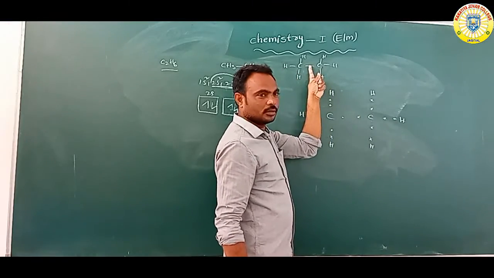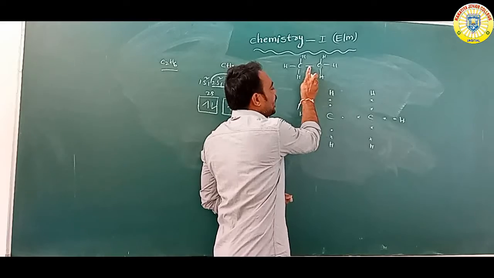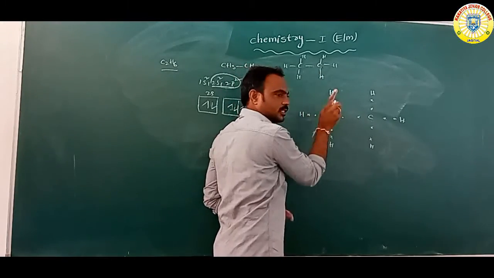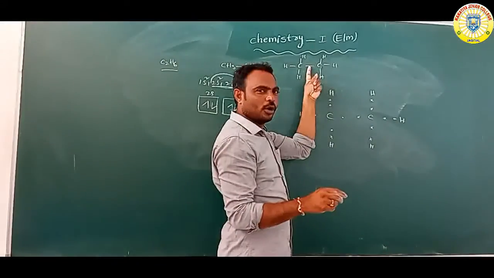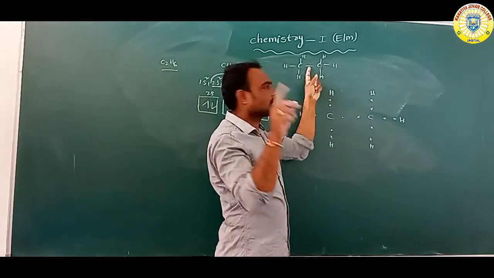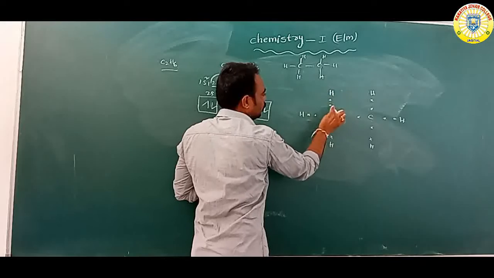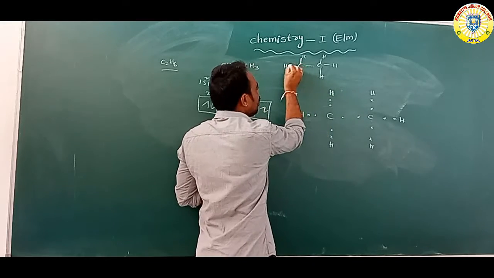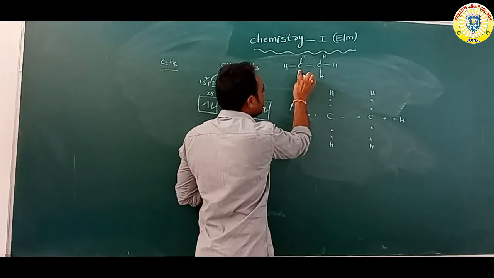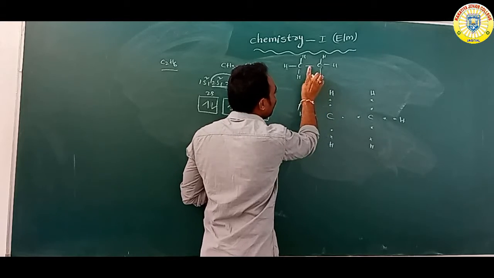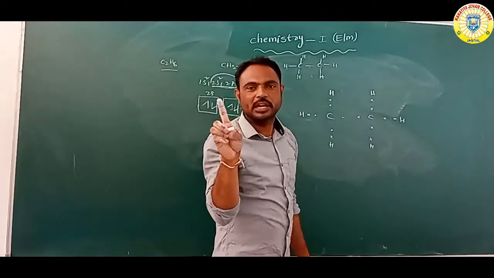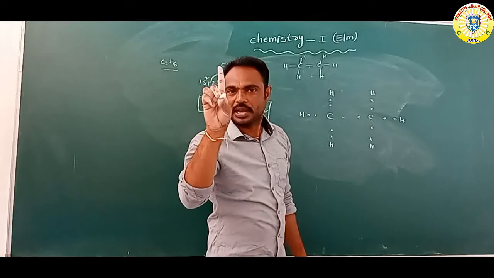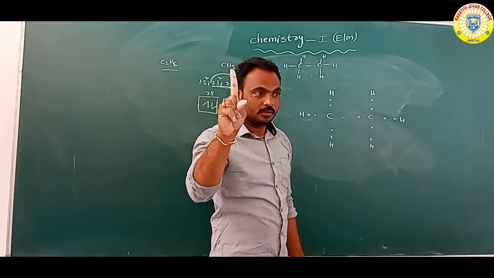One bond is equal to 2 electrons, or one pair. This bond is 2 electrons, this bond is 2 electrons, and the middle bond is 2 electrons. Each bond is equal to 2 electrons, or one pair.